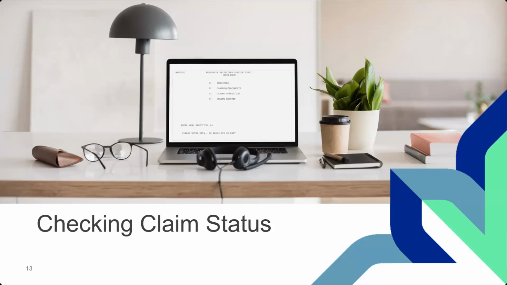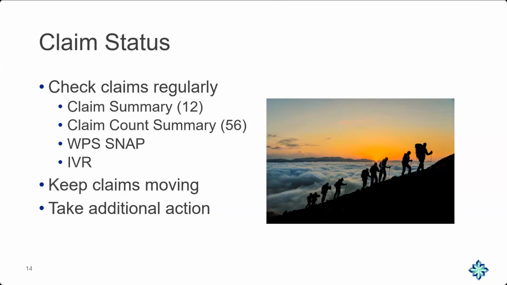So we talked about status codes. Now we're going to talk about the status of claims. We recommend that you check your claims at least once a week, preferably daily, but that depends on the volume of Medicare beneficiaries and the volume of claims that you transmit and have in the system on any given day.